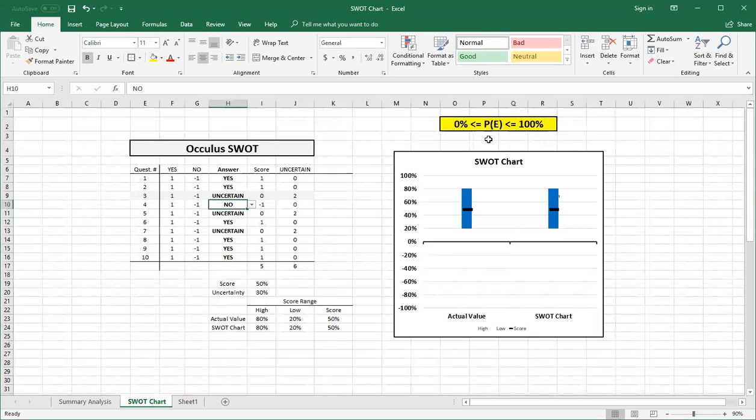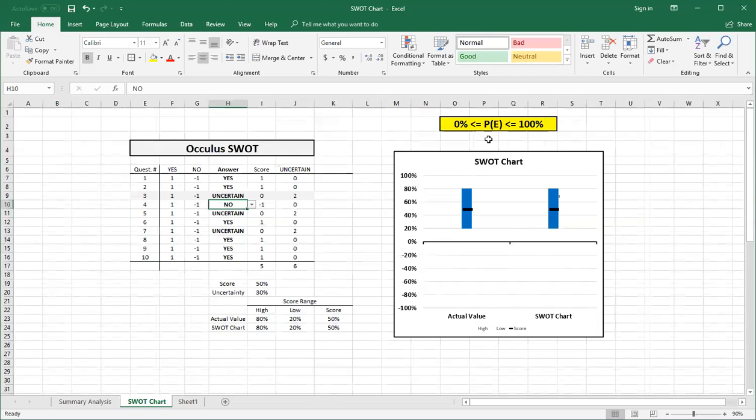You can't have a negative probability, and you can't have a probability over 100%. For example, if I say the probability of it raining this afternoon is 0%, then it's absolutely not going to rain. It doesn't make sense to say the probability is minus 10% or minus 20%. That's meaningless.